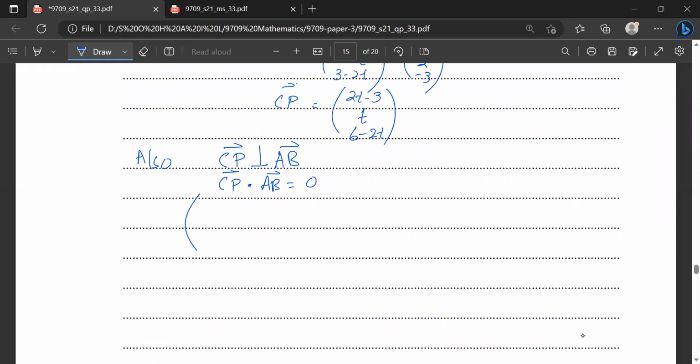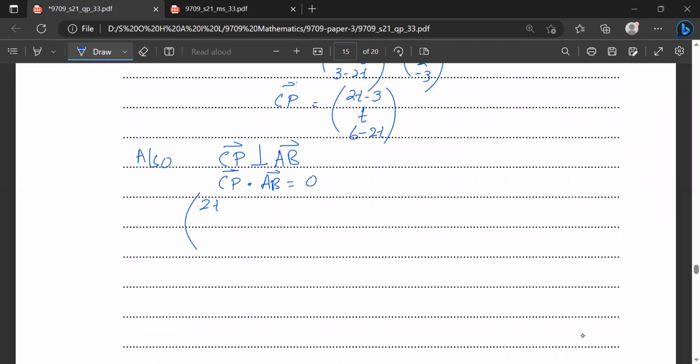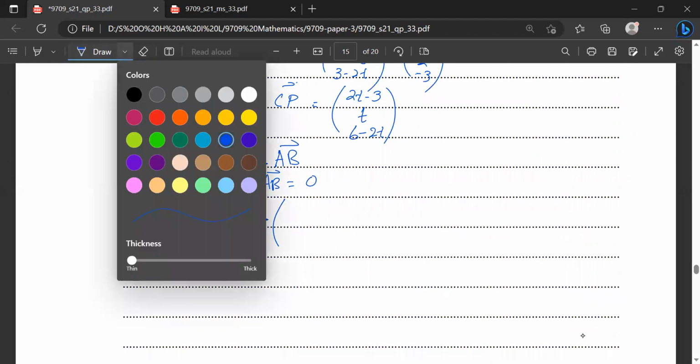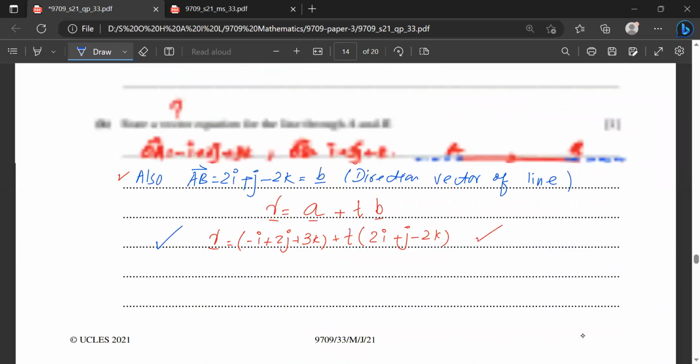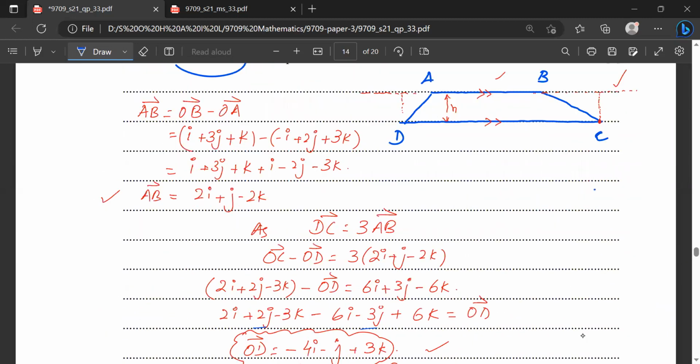CP vector, we just obtained: 2t minus 3, t, and 6 minus 2t, dot AB vector. We already have AB in the first part, the vector AB. Let me verify, this vector AB was here.